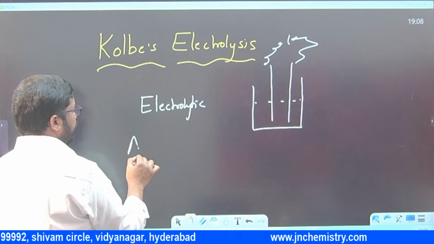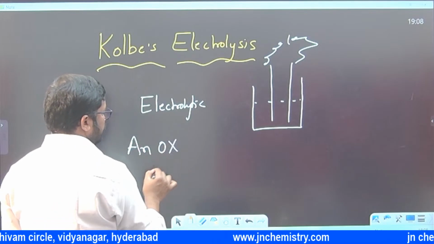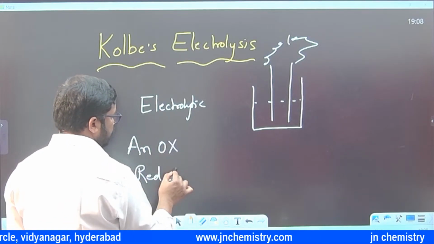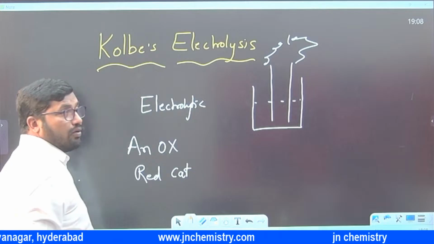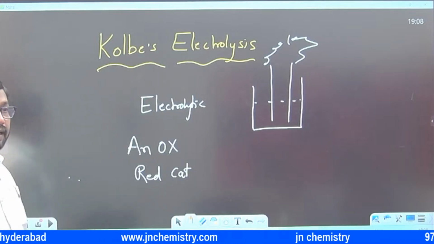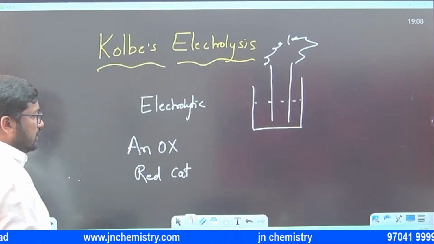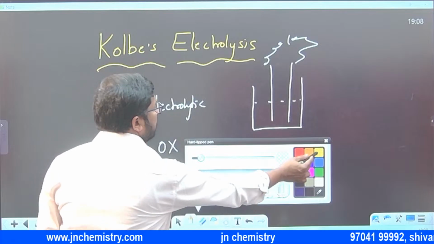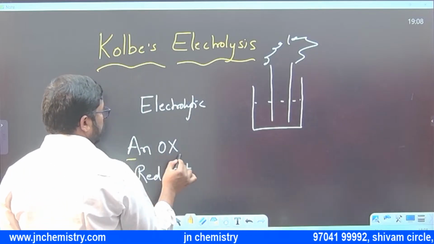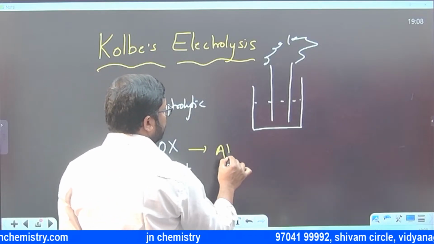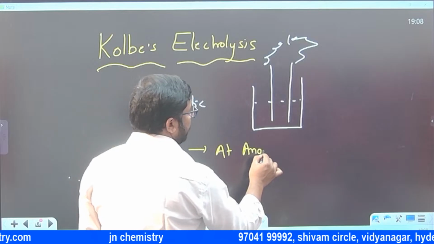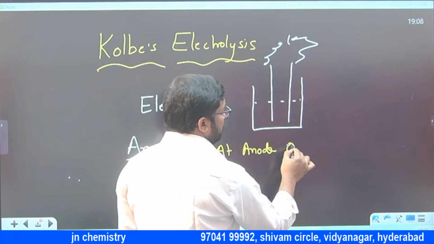For total electrochemistry, I would say NOx, red cat. What is NOx, red cat? At anode, oxidation reaction takes place. At cathode, reduction. Write it down. At anode, oxidation.